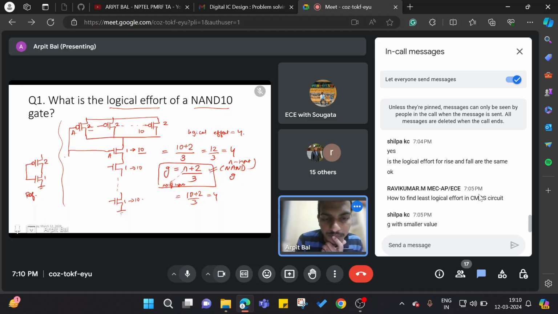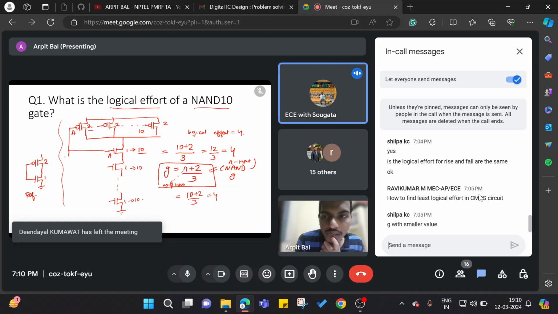Yes, the total diffusion capacitance. So it will be 36. If we want to find the electrical effort, then it is CL by CO, the input capacitance. For input capacitance, we have to calculate for a single input, A or B.